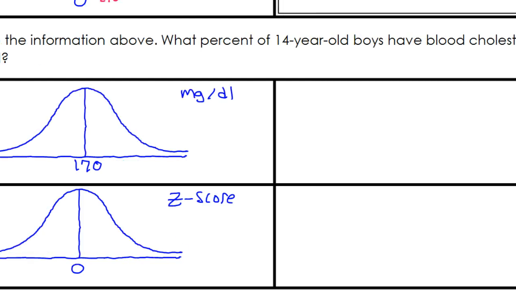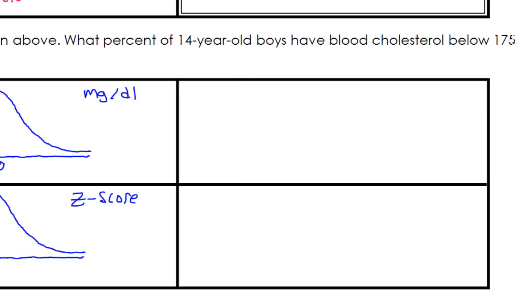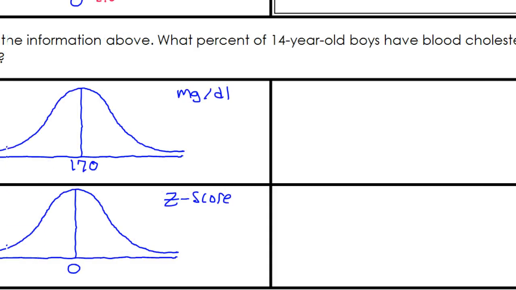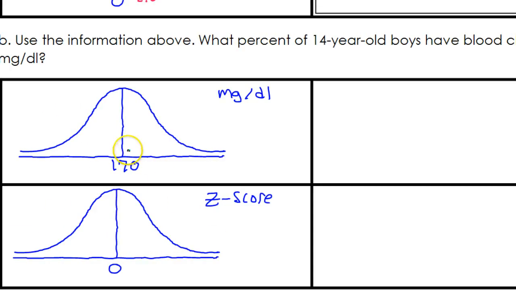So if we want to know what percent of 14-year-old boys have blood cholesterol below 175, well, let's get 175 in the picture. So here's 170, so 175 will be a bit to the right of this. Okay, so I'm just going to put my 175 right here. Similarly, I'm going to put it on the z-score graph.